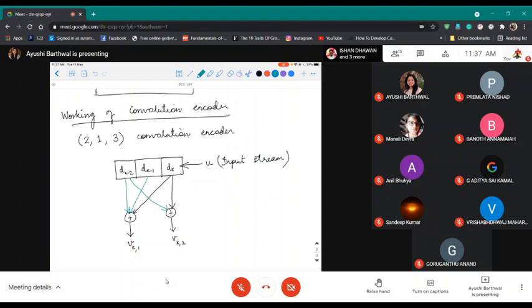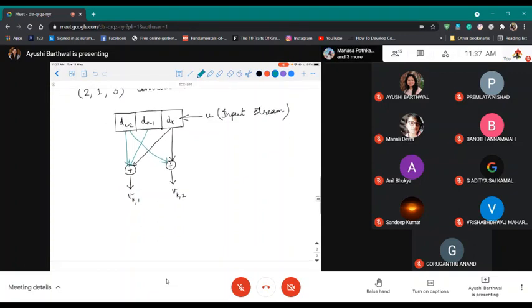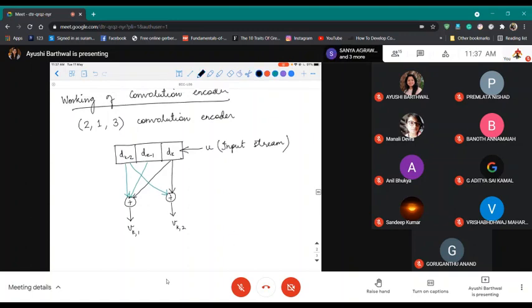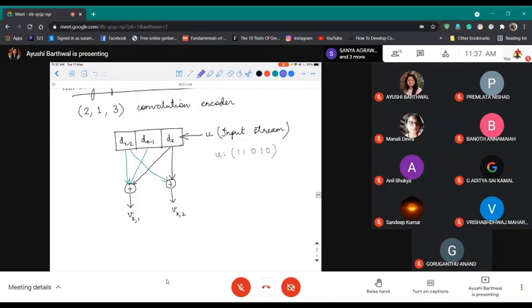Fine. Now let us take an example. Suppose our input data stream U is 11010. It is a 5-bit message stream. Now, what will be the encoder output?